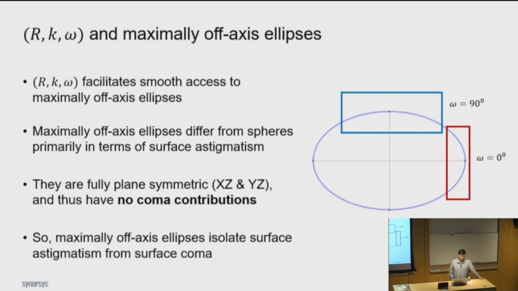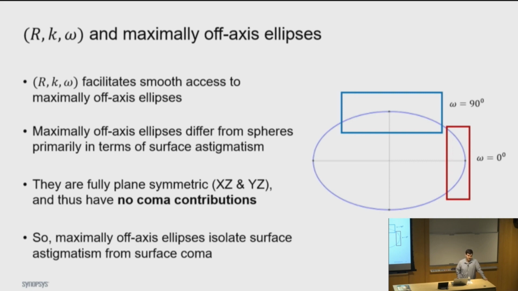So what I mean by maximally off-axis ellipse is essentially, in the red box on the right-hand side, you have the on-axis part. That would be omega equals 0. As you increase omega, you're getting further and further off-axis. But an ellipse is connected. So if you keep increasing that off-axis angle, eventually you're going to end up on the other side.